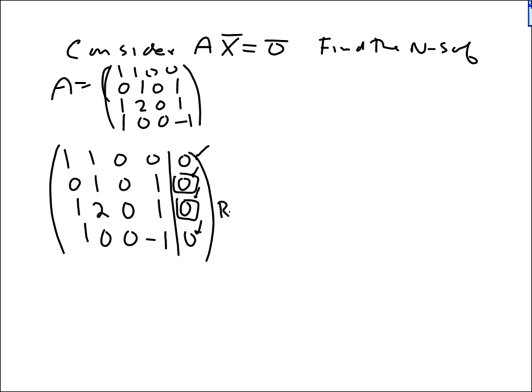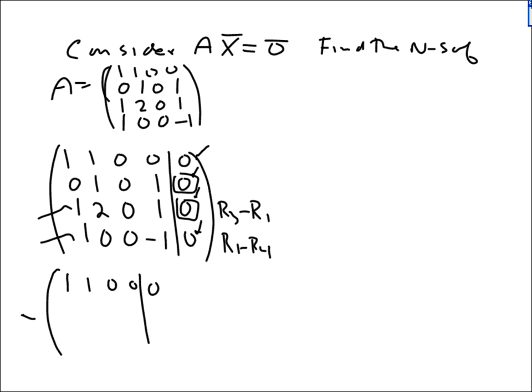How about we do, to kill off these numbers, row 3 minus row 1, and row 1 minus row 4. And what that's going to give us is 1, 1, 0, 0, 0, 0, 1, 0, 1, 0, and row 3 minus row 1. This minus that is 0. This minus that is 1. 0 minus 0 is 0. 1 minus 0 is 0.